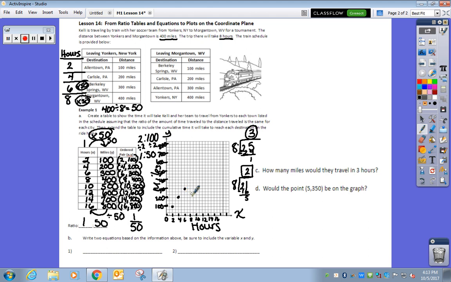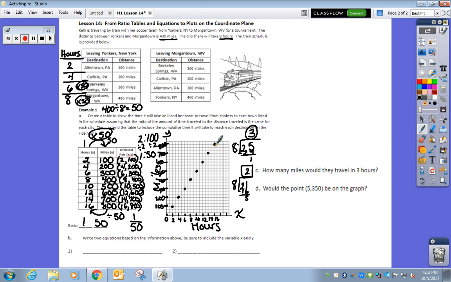Over to 8, up to 400, put a dot. Over to 10, up to 500, put a dot. Over to 12, up to 600, put a dot. Over to 14, up to 700, put a dot. And finally, over to 16, up to 800, put a dot.